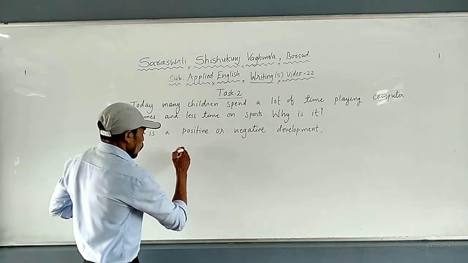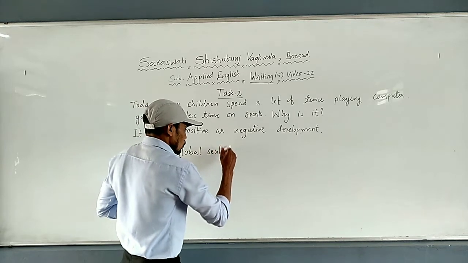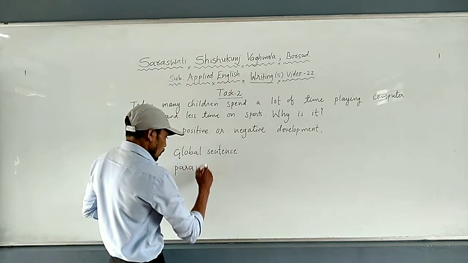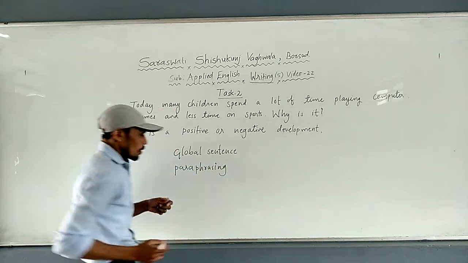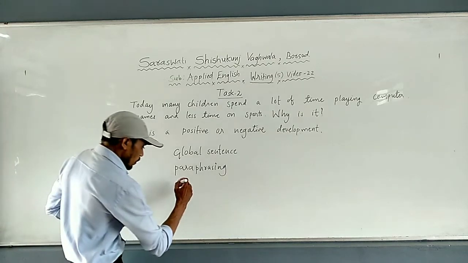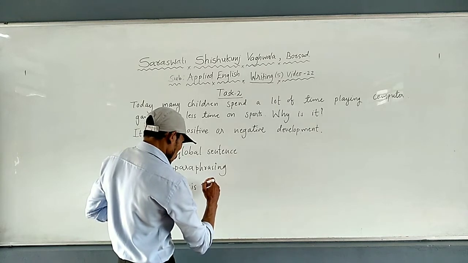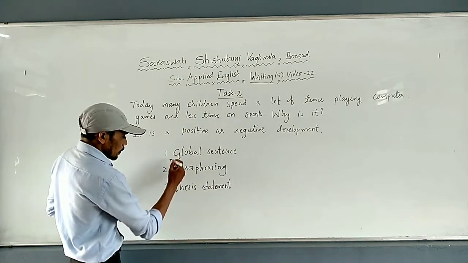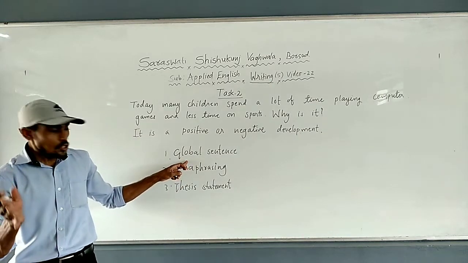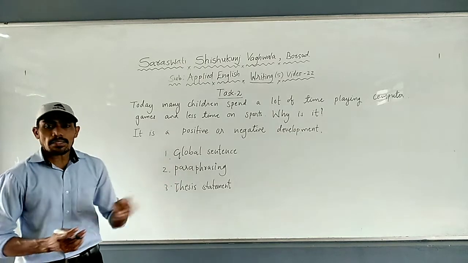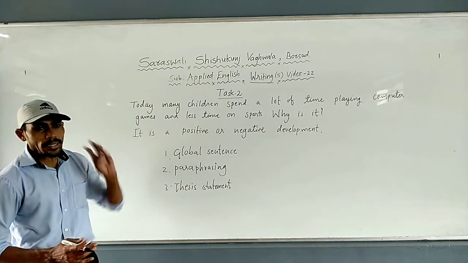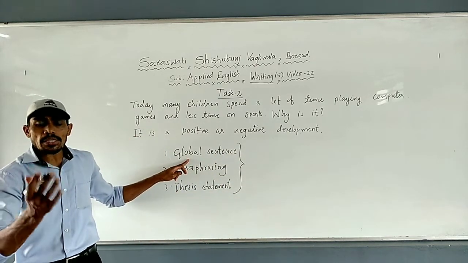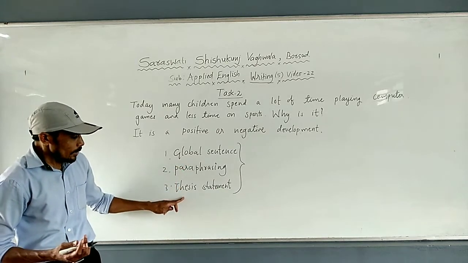One is the global sentence, or you can say topic sentence. The second one is paraphrasing, and the third one is the thesis statement. So when you complete an introduction for writing task 2 of applied English, you require these 3 things.